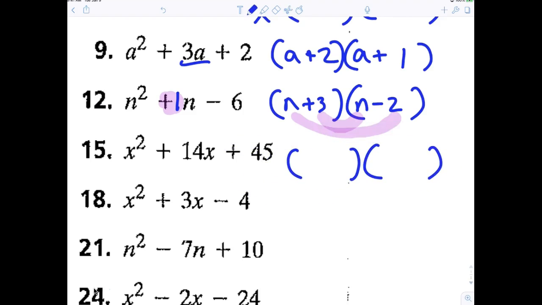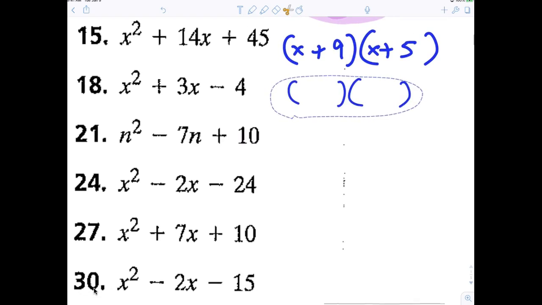We do put x and x. Good, and then the factors of 45 are 9 and 5. Exactly. And we do plus. Plus. Look at that. Very nice. All right, hold on, a little quick for me today.